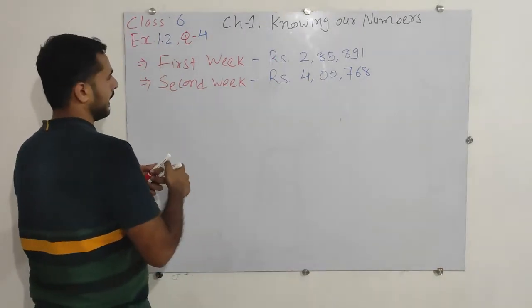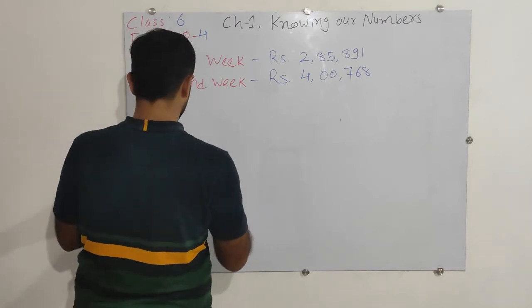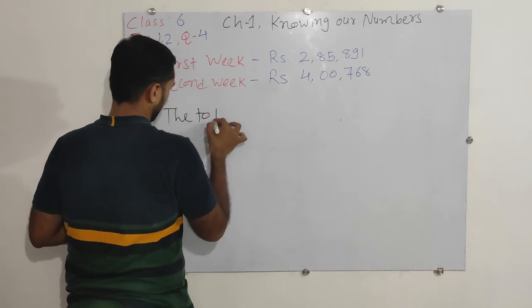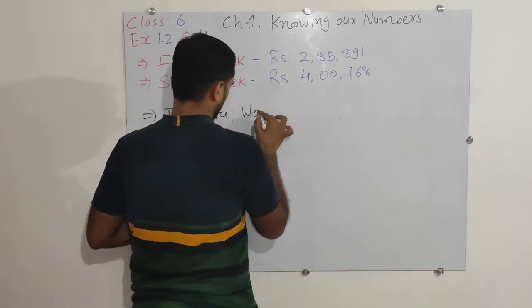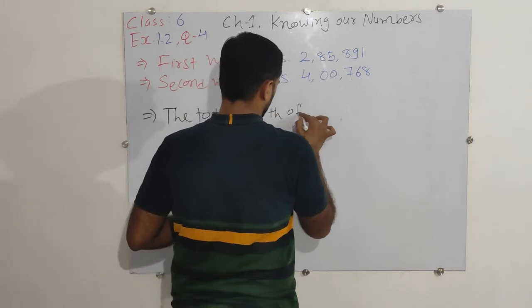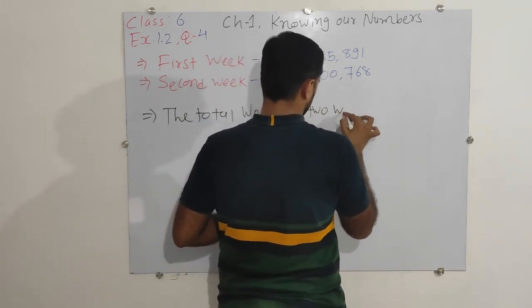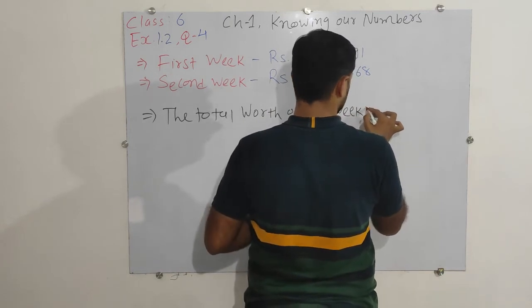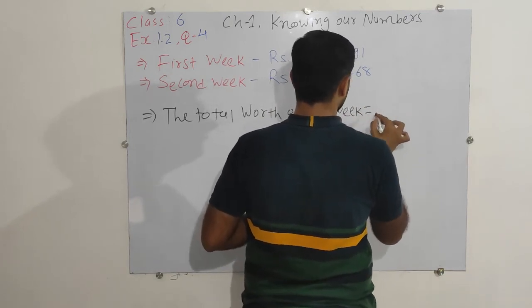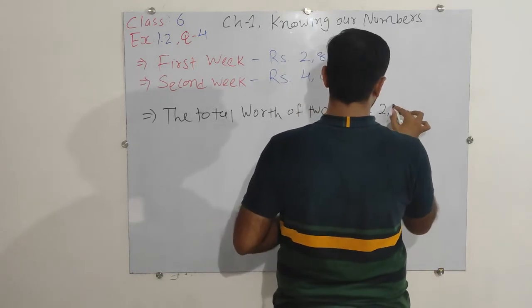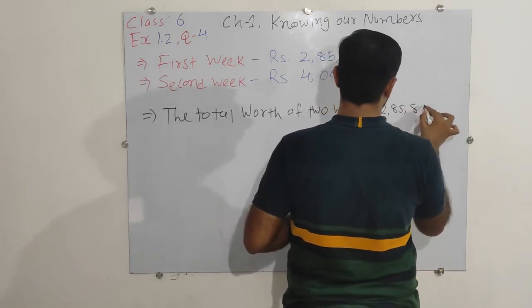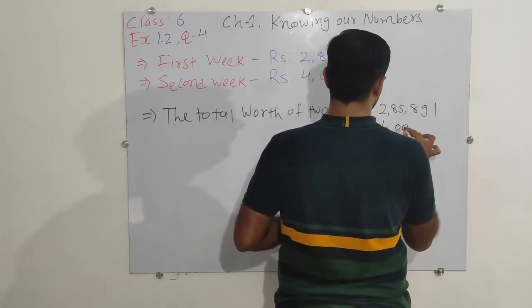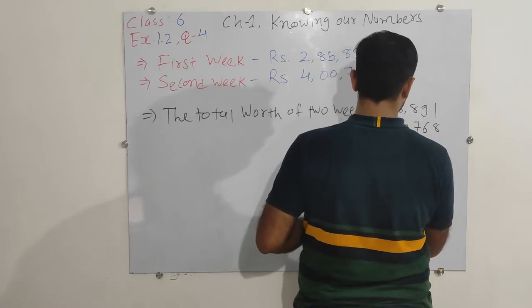The total worth of the two weeks is equal to 2,85,891 plus 4,10,768.